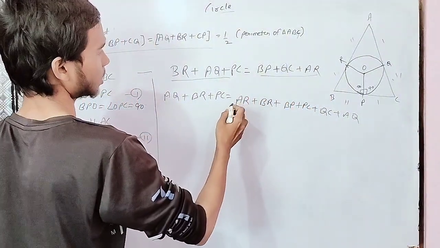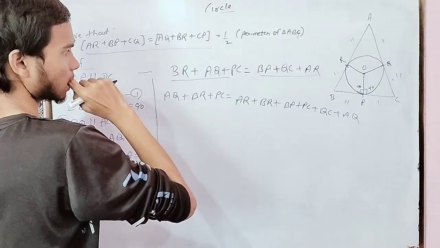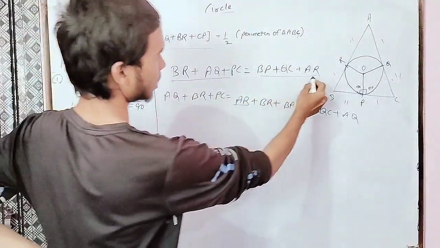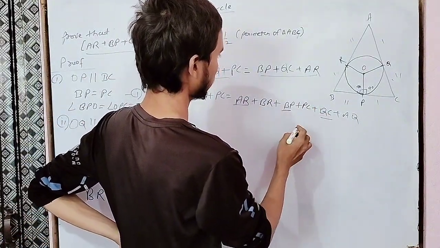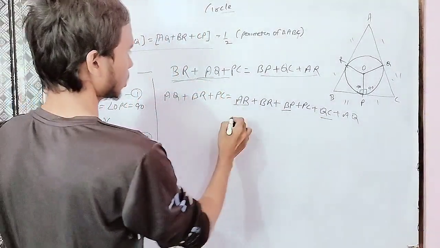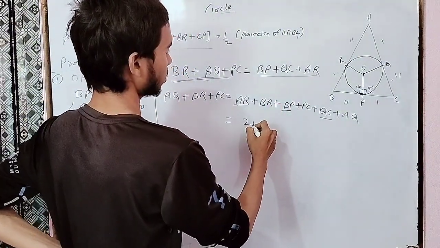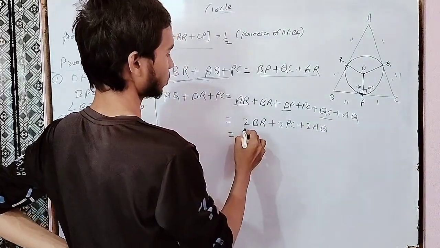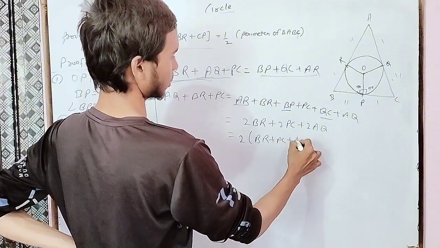So can we write AR plus QC plus BP, we will remove this and substitute this. So it will become 2 BR plus 2 PC plus 2 AQ, where 2 is common. So BR plus PC plus AQ.